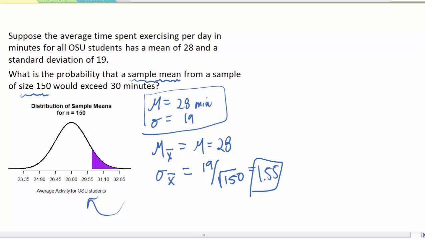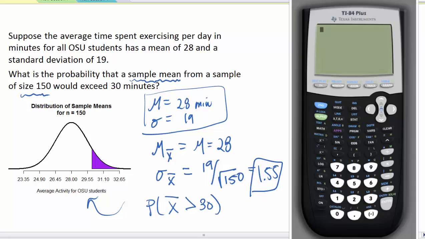To rephrase this, x bar has a mean of 28 and a standard deviation of 1.55. Now if we want to find the probability that x bar is greater than 30, we can either find the z-score for this, or when we're using the TI84, we just use the normal CDF command.